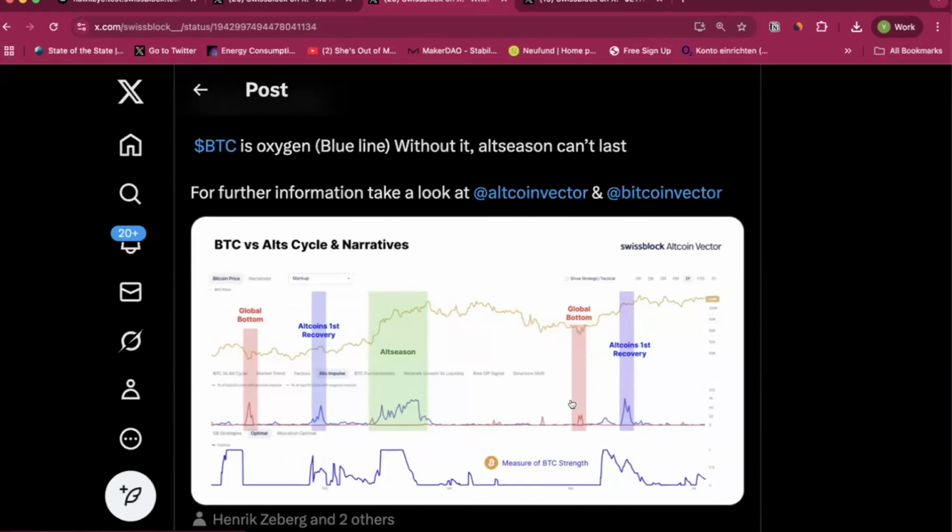The last time that we saw this in this cycle was the combination of February and October of last year, culminating into a global bottom around June, July of last year. That then led into October, which was kind of the first step of the recovery, and then into alt season early to mid-November. That's when the entire thing started to move in the opposite direction.